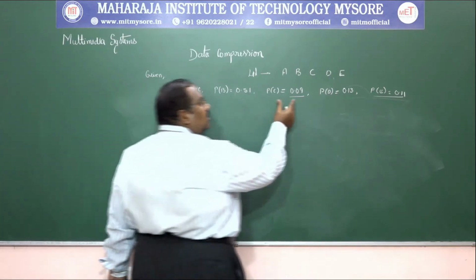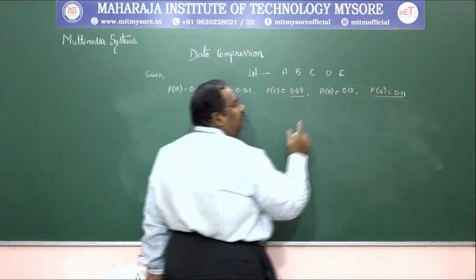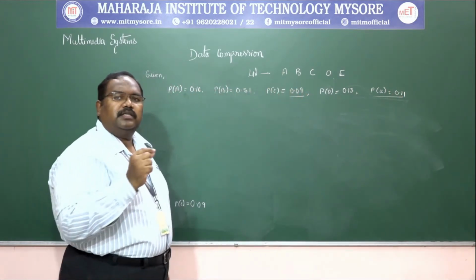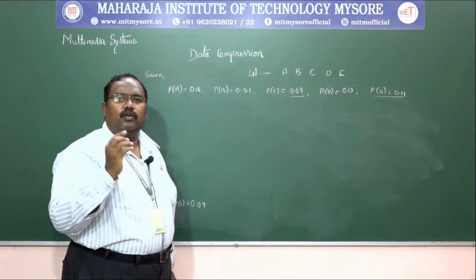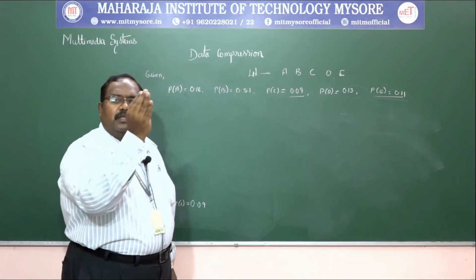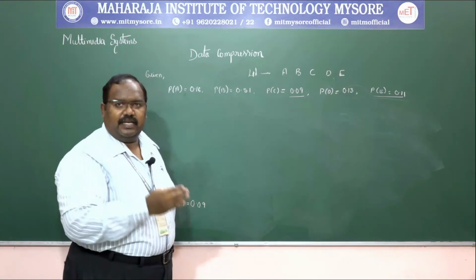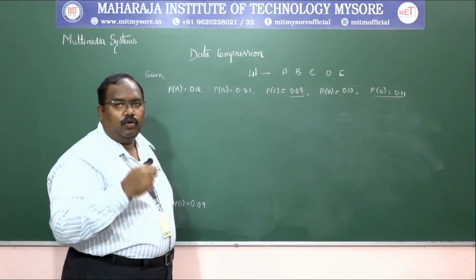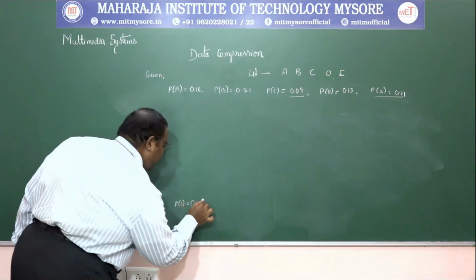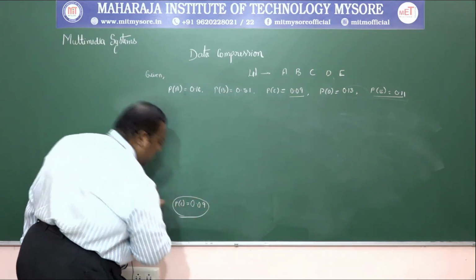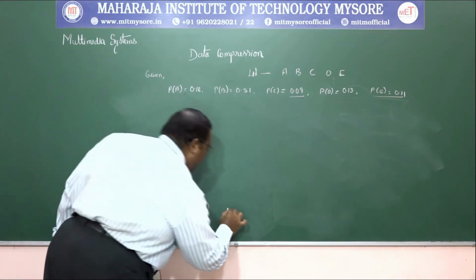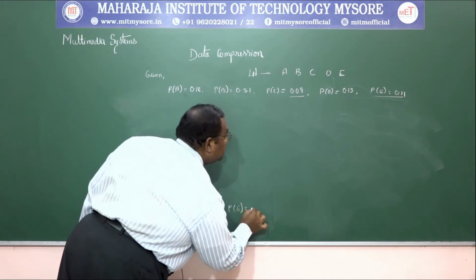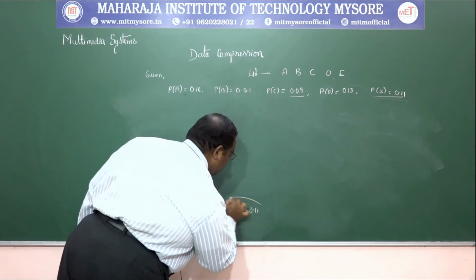See, C has a lesser value when compared to the probability of E, which is 0.11. What does a binary tree say? The rule of binary tree says always the lesser value will be on the left side and the higher value on the right node. So that's why I have written the probability of C here, and the probability of E, that is 0.11.